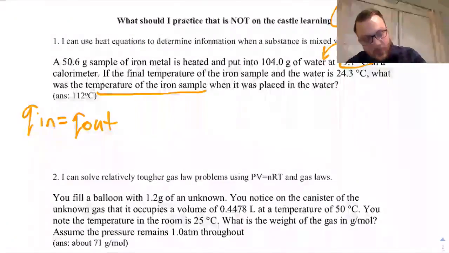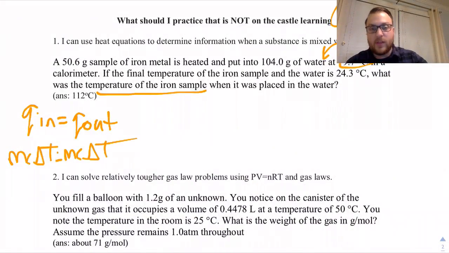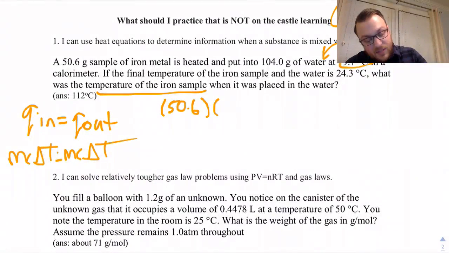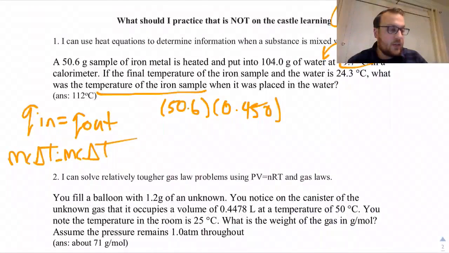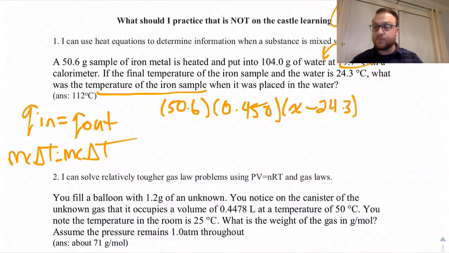So we just need to set our 2 mcΔT expressions equal to each other and then just solve for the missing variable. So for the iron, our m was 50.6, our c was 0.45, and then our ΔT is x minus 24.3. Now, some of you might say, shouldn't you be doing 24.3 minus the unknown temperature, since 24.3 is the final temperature, not the initial?